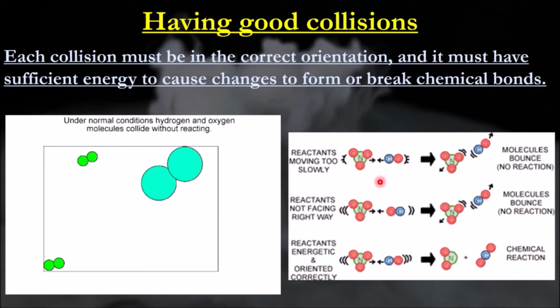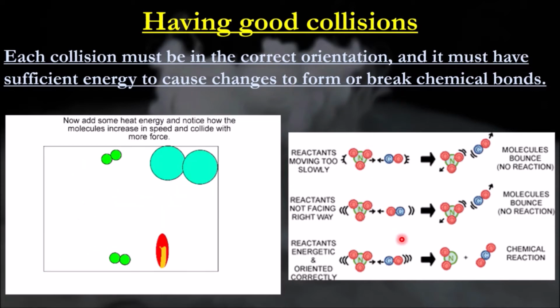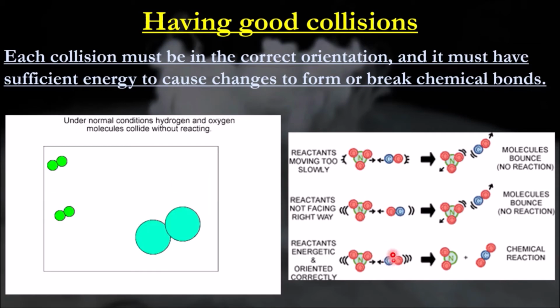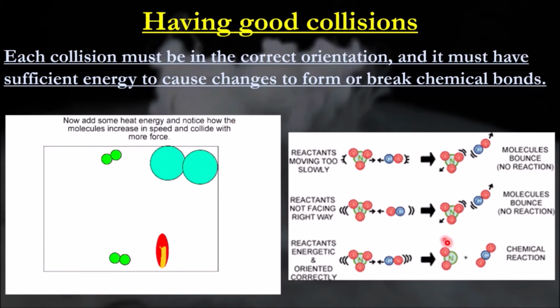The other example I did talk about was just having the right orientation. So you can see in this position here, we have our chemical, and our chemical here. The engagement is that one of the oxygens is going to collide with the carbon, and as you can see, that gives us carbon dioxide, CO2, and we have NO2 here.